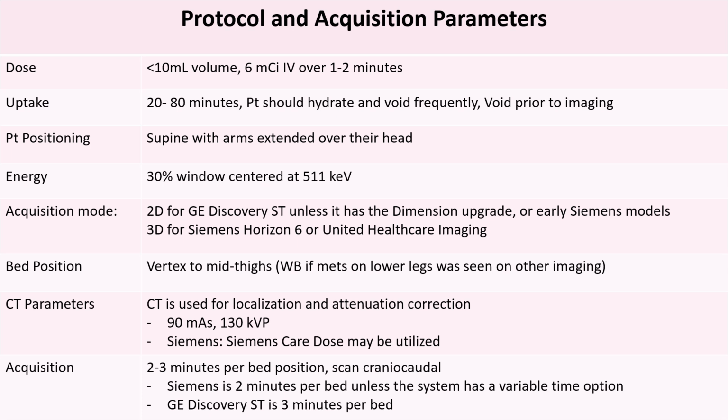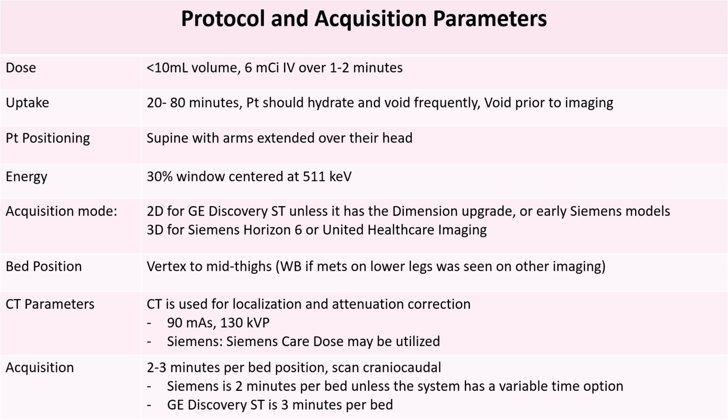You can do whole body if they have mets on the lower legs that were seen on any other imaging, but typically you'll just go vertex to mid-thighs. The CT parameters are used for localization and attenuation correction. The kVp setting will be 130 and the mAs will be 90. The acquisition is about 3 minutes per bed position if you're using a GE Discovery.